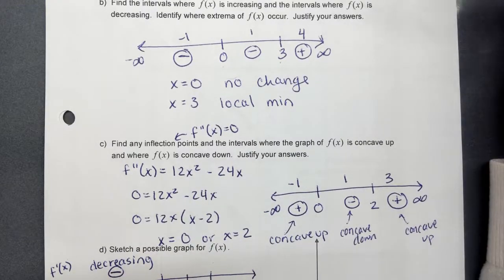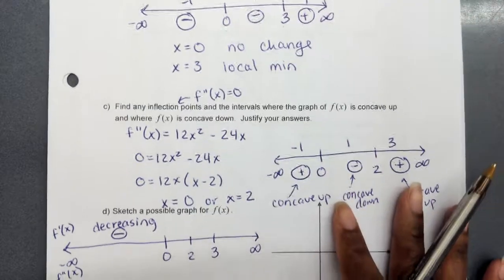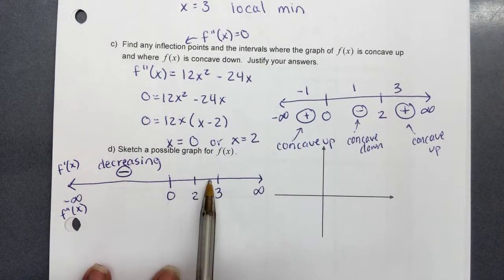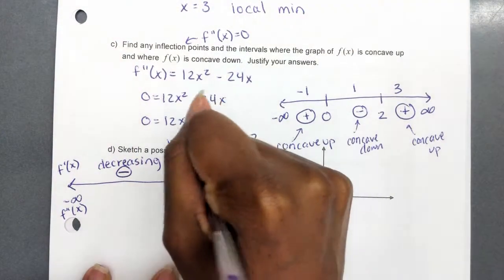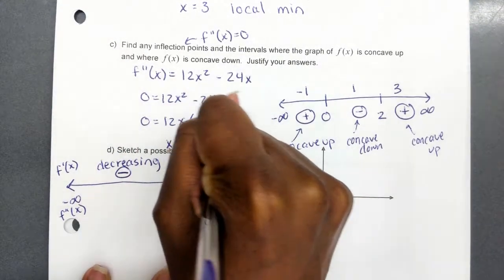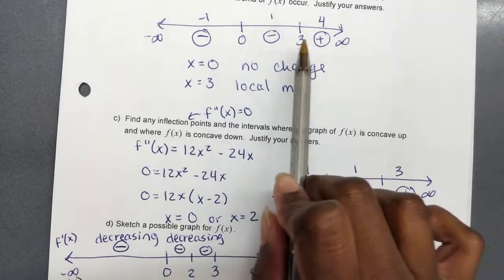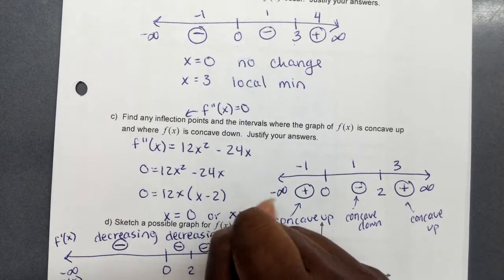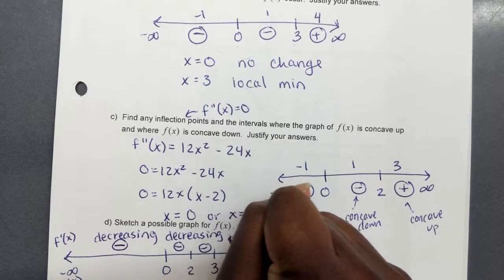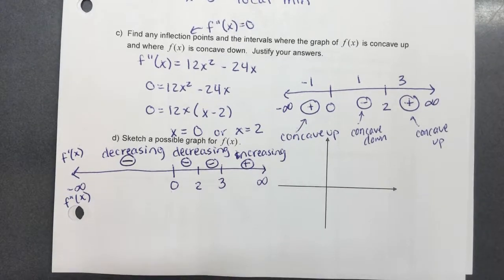From 0 to 3, we had a negative f prime, so we're still decreasing. And then from 3 to infinity, we had a positive, so then we started increasing.